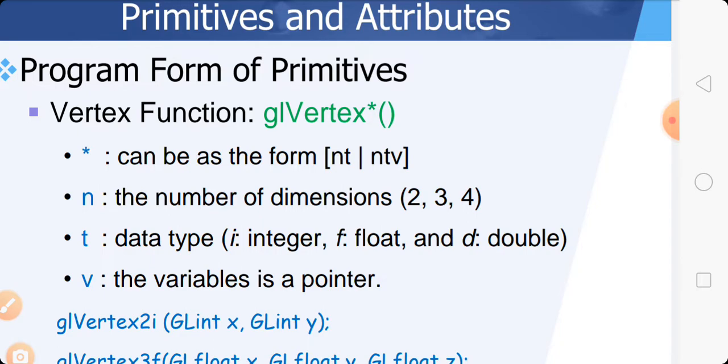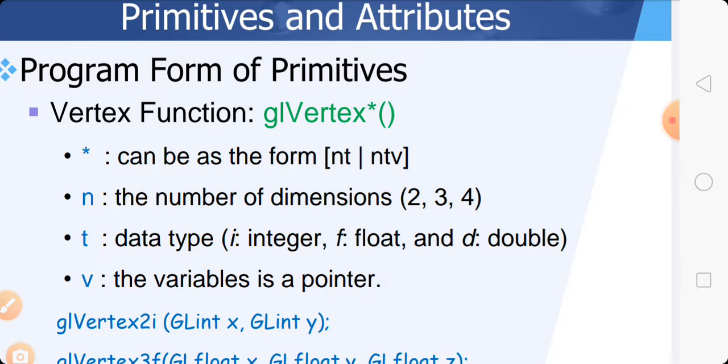T is the data type, where I is for integer, F for float, and D for double.